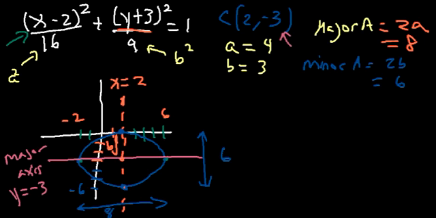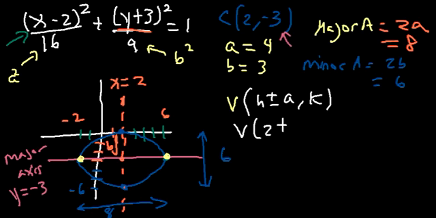Now, if you want to find the endpoints of the major axis, since you already graphed it, you can see that it's going to be -2, -3 and 6, -3. But if you wish to find it from the center, the endpoints of the major axis are basically the vertices. For this particular example, it's h plus or minus a, comma k, because a is along the major axis, which is horizontal. So we add and subtract a to the x coordinate of the center.